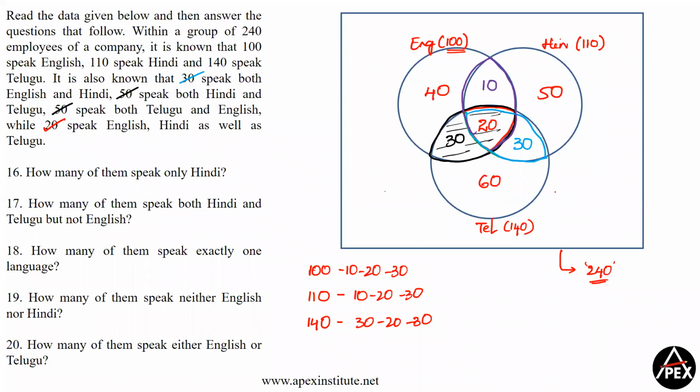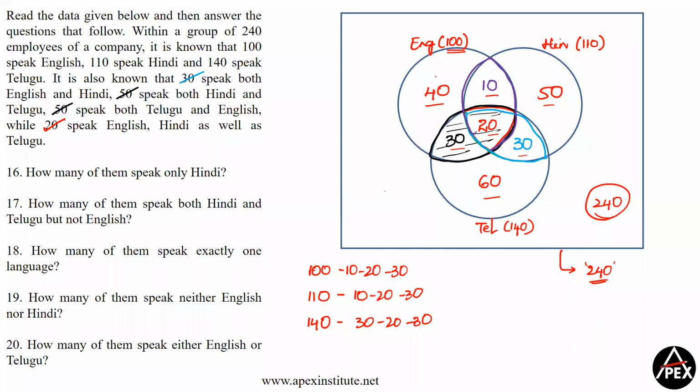Not exactly one or not less than one. At least one. So 100 plus 50, 150, 150 plus 30, 180, 180 plus 60 is 240. 240 employees speak at least one language.